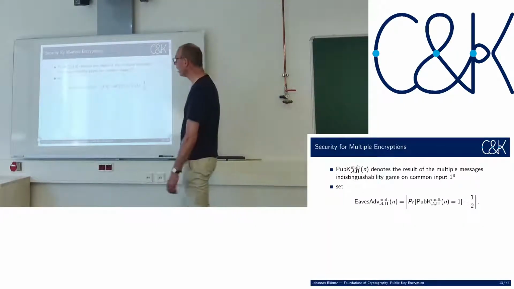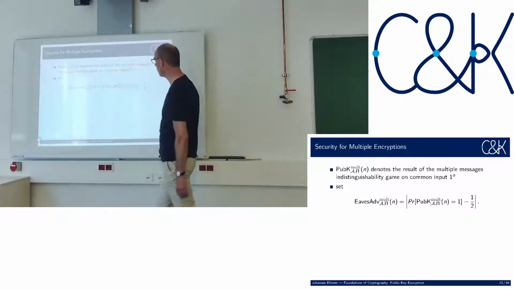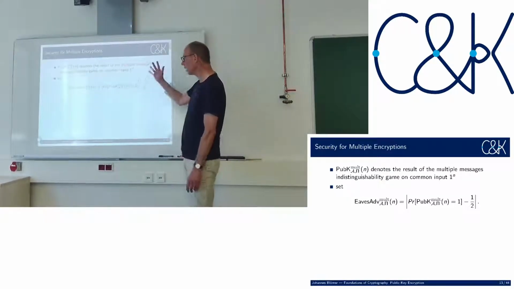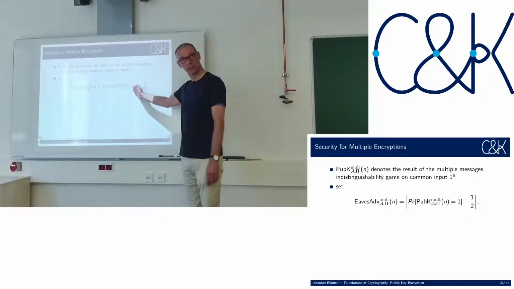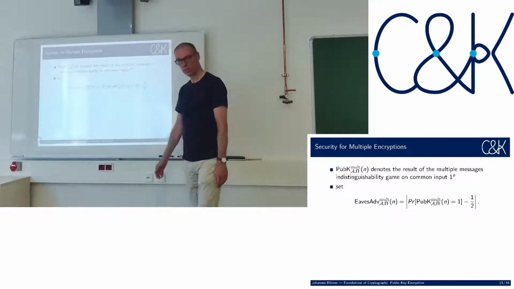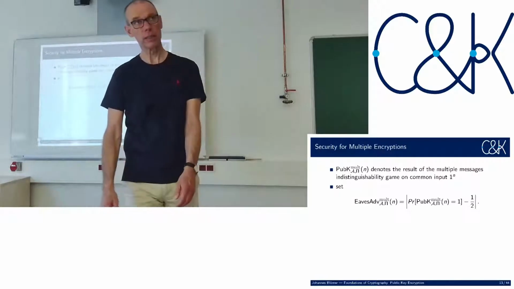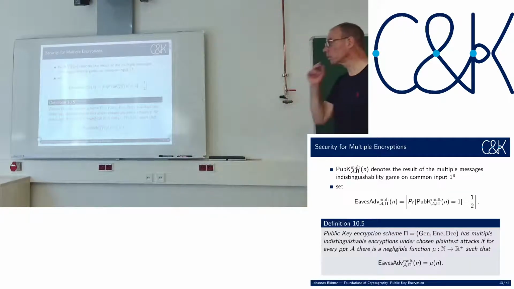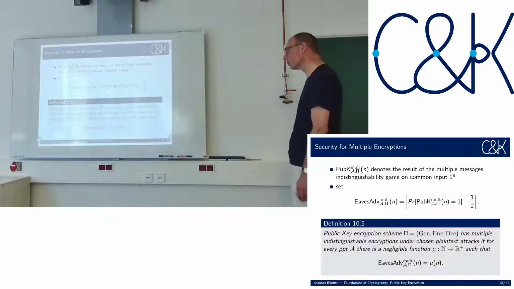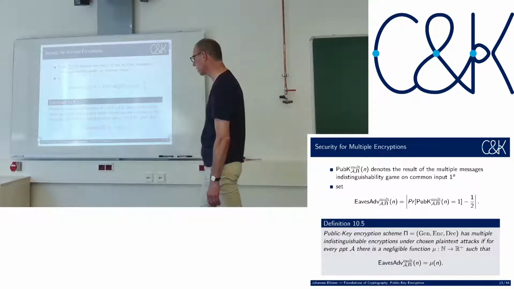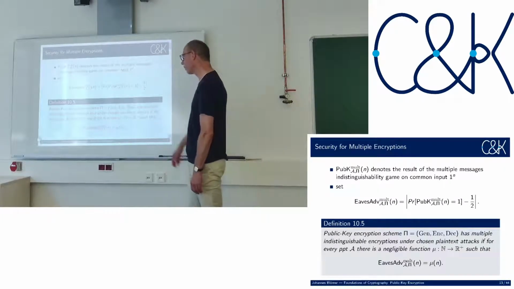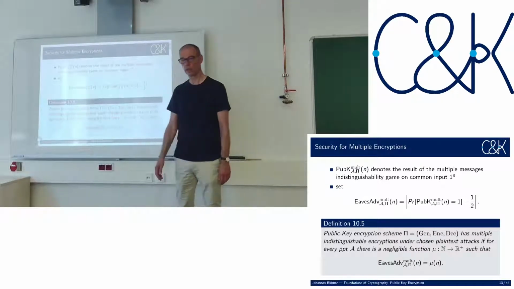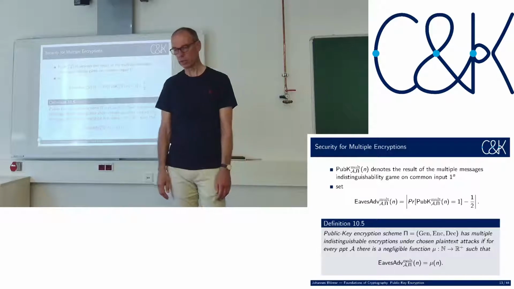PubK mult A,pi of n denotes the result of the multiple messages indistinguishability game. We have our advantage in the eavesdropping multiple game. And we say that pi has multiple indistinguishable encryptions under chosen plaintext attacks if for every PPT algorithm A there is a negligible function mu such that this eavesdropping advantage is at most mu of n.